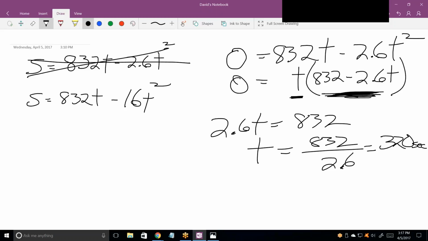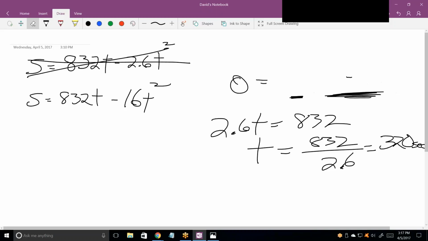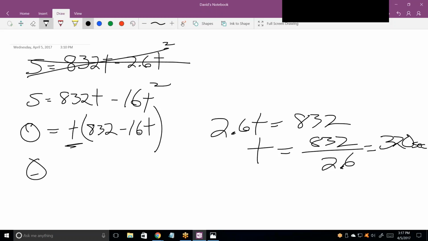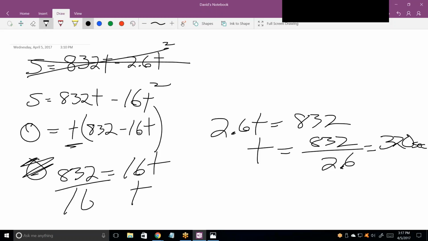We're dealing with a different equation. So in this case, notice that this is not a calculus problem. This is strictly an algebra problem. So I'm still going to set the height to be that, and I'm still going to factor out a t, and that still produces the first 0, but the second 0 comes when 832 is equal to 16t, t is equal to 832 divided by 16.